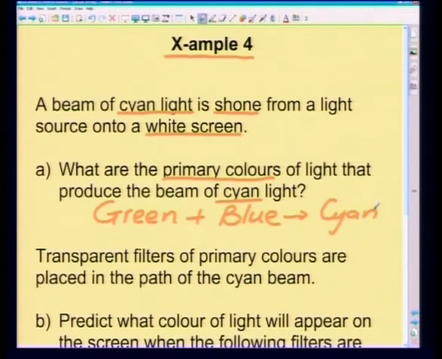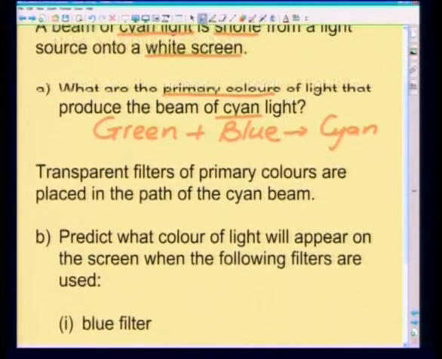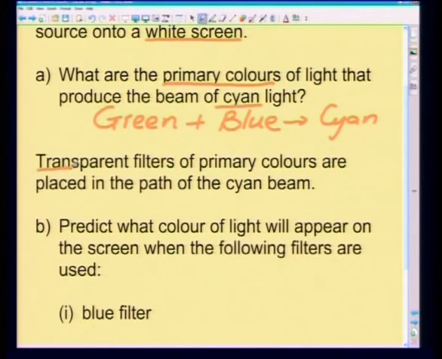That gives us cyan. Now, the question moves on to say transparent filters of primary colors are placed in the path of the cyan beam. So before the cyan beam reaches the screen, you've got these filters along the way. Predict what color of light will be seen on the screen when the following filters are used.